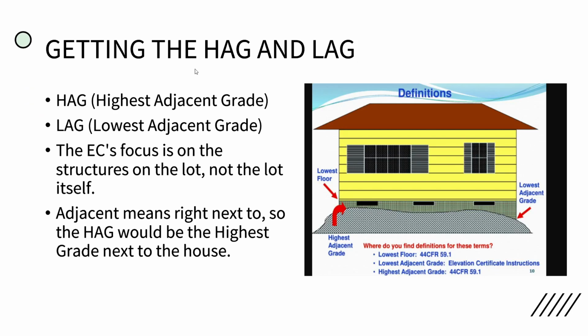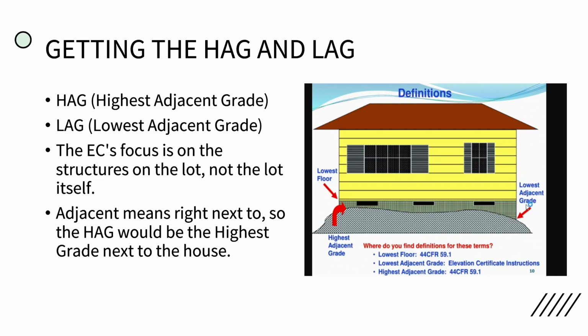Okay, getting the HAG and the LAG in the wrong spot is another big one. Let's go over what the HAG and the LAG mean. HAG means highest adjacent grade. LAG, lowest adjacent grade. What that word adjacent means is right next to. So when I am getting my HAG and my LAG, I am telling them that the water needs to rise to this elevation to touch the house.